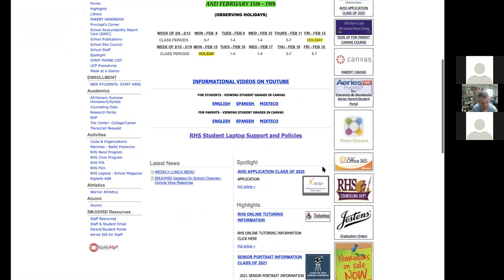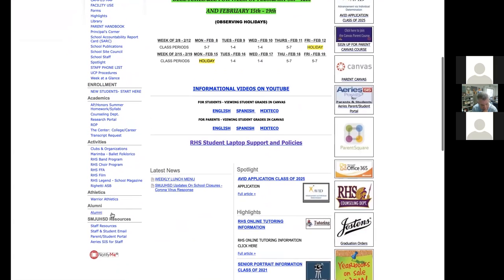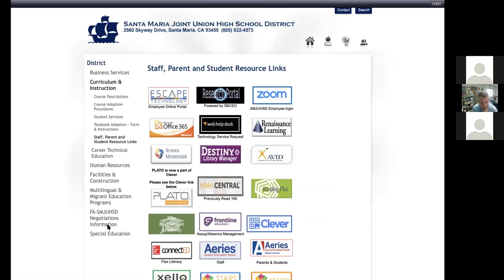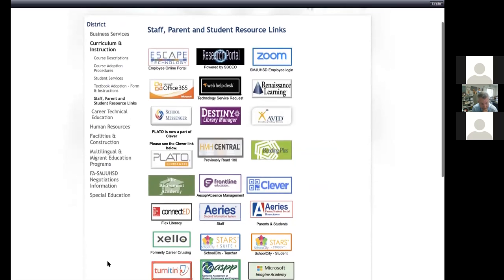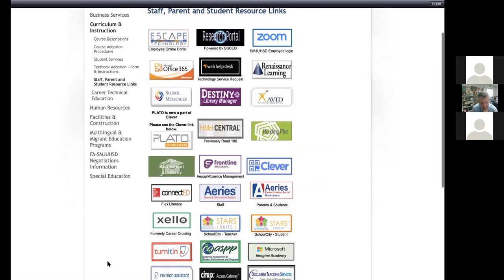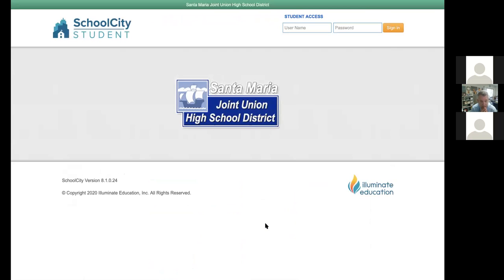Click on that on the left-hand column. Okay, scroll down a little bit. There's two ones that say School City Teacher, School City Student. Click on School City Student. It's just to the right of where your mouse is at. To the right. It says STARS student, School City. There you go. All right.